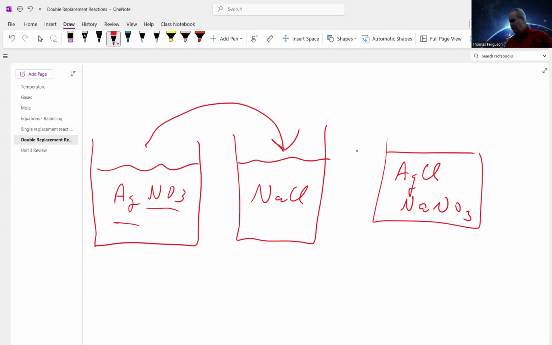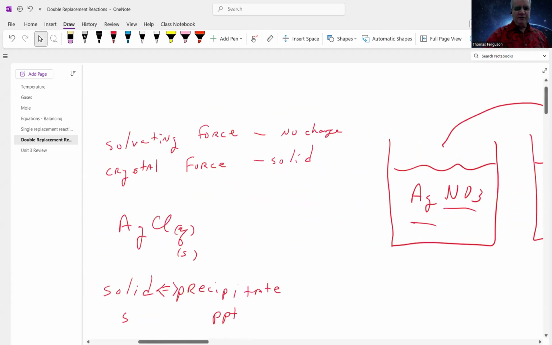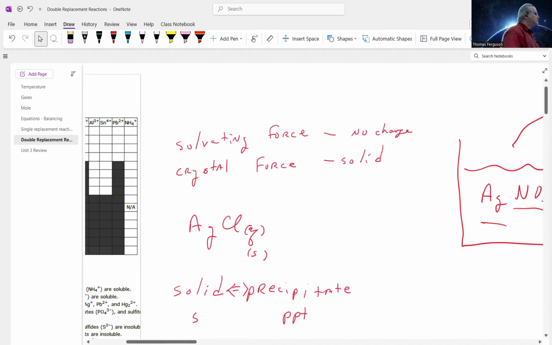Now, why would silver chloride form a solid and sodium nitrate below it won't form a solid? Okay, you've got two forces fighting. See who's stronger. We have solvating force and we've got crystal lattice force keeping it together.